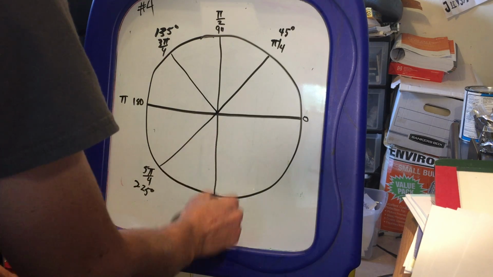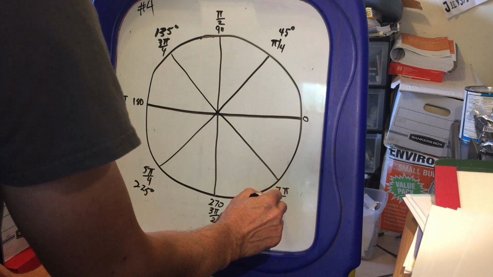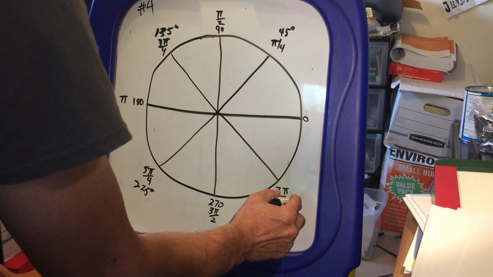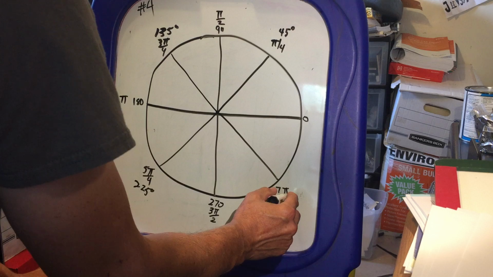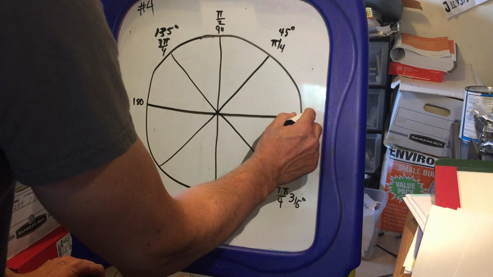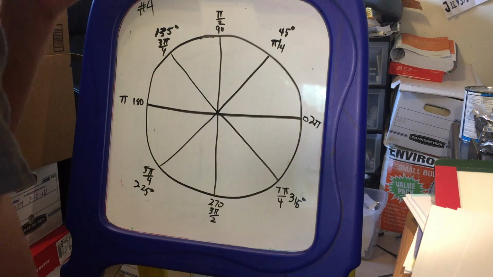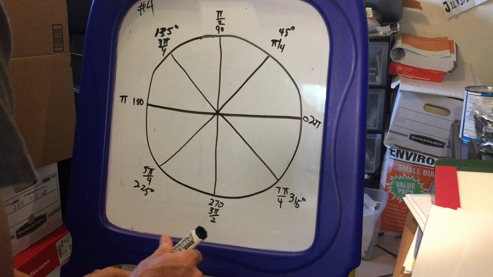That's reduced, 7 pi over 4 here. And this is going to be 315 degrees, right? This is 2 pi. That would be 8 pi over 4. Anyway, so we'll start with this.